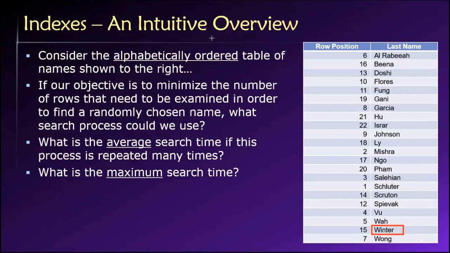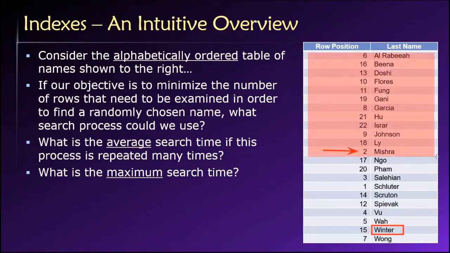We'll start by looking in the middle. So let's say that we look at Mishra. Now we look at this and say, is this Winter? And the answer is no. But, and this is the key point, because the answer is no, I now can eliminate all of these possibilities. I can go all the way down to Mishra.